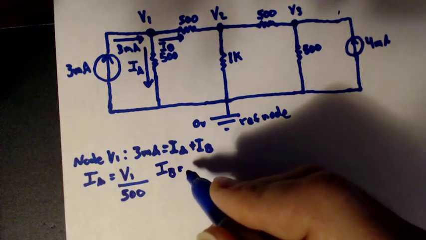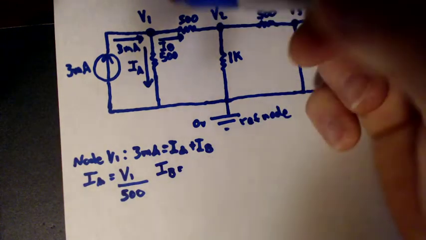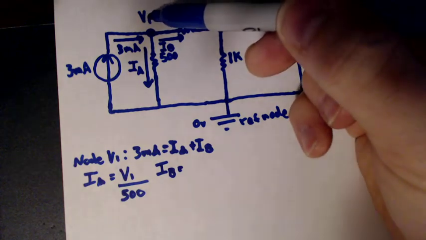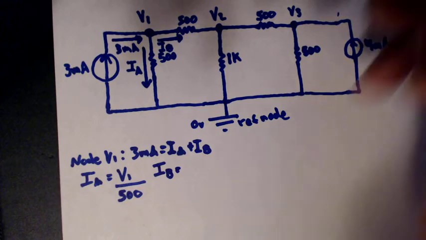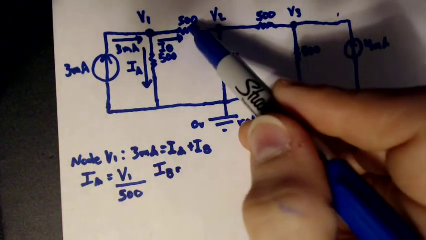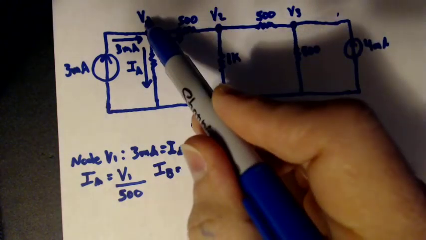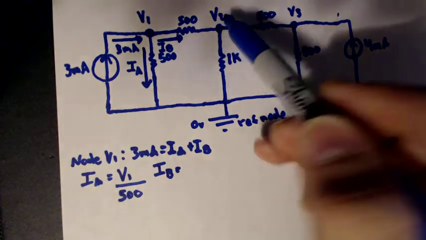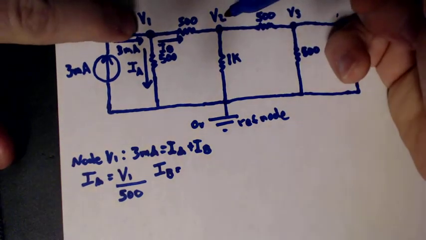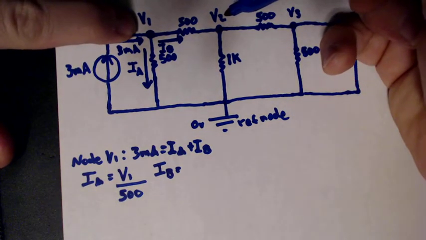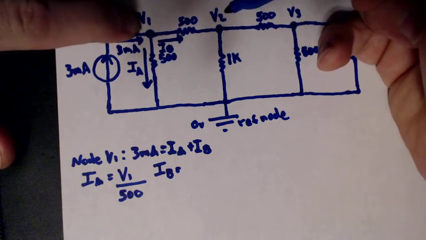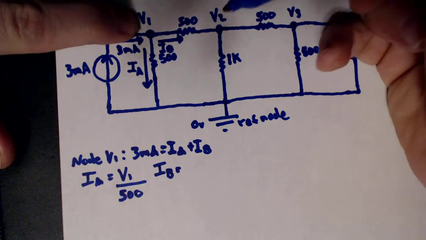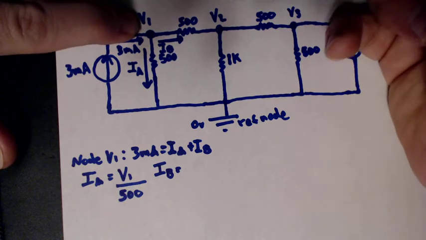So notice here that I now have two voltages that are involved. I have a V1 and a V2. So my voltage drop across the 500 ohms is going to be the difference between V1 and V2, right? So I just need to take the difference between V1 and V2. Now, in order to do this correctly, I'm going to advise to pay attention to your polarity.